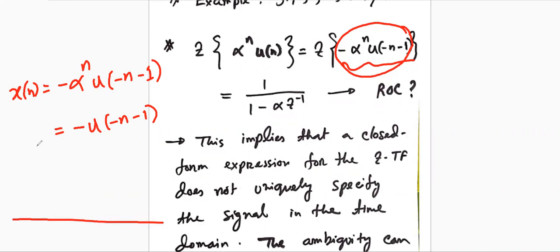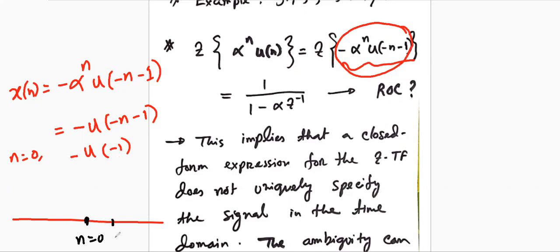Let's say n is equal to 0, I will find minus u of 0 minus 1. Do you have any value at that location? At n equals 0, do you get any value? No, because u of minus 1 is 0. So you are getting 0.